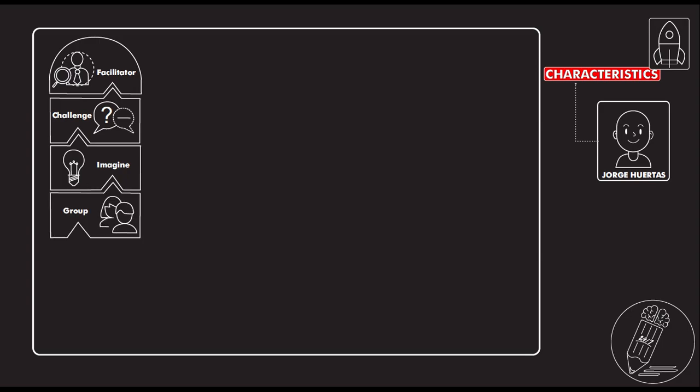The group is very important. A group of 2, 3, 4, 5, even 6 persons can work with this. The Lego Serious Play basic package has 2414 pieces, but if it's a very difficult task, you will get more pieces.